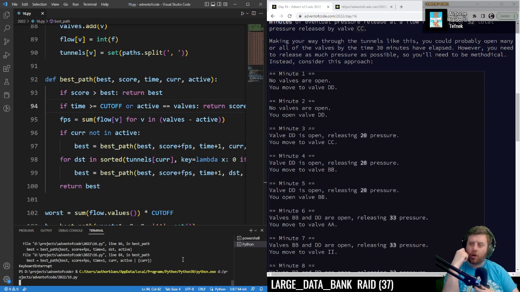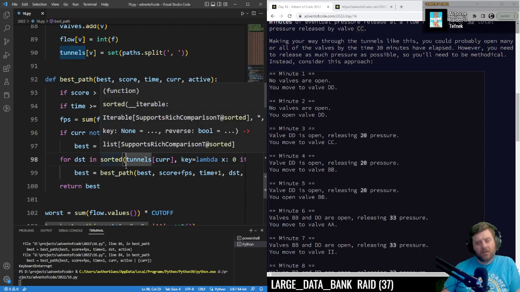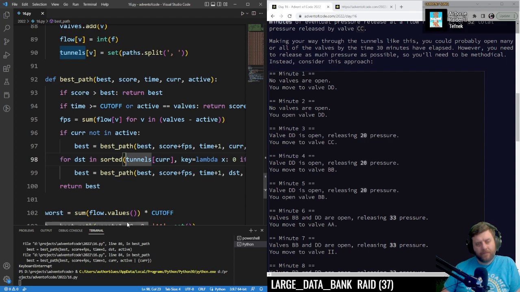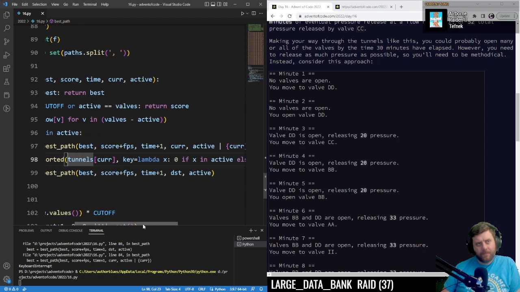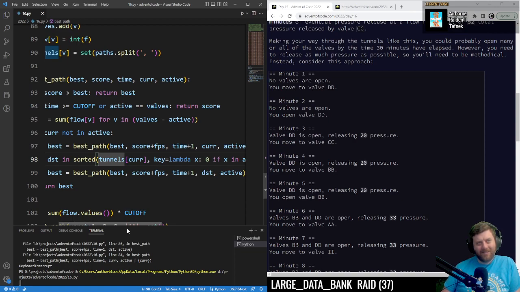Like something like, don't let it walk back along the path it just came from. Maybe that's... Weird request. Probably.